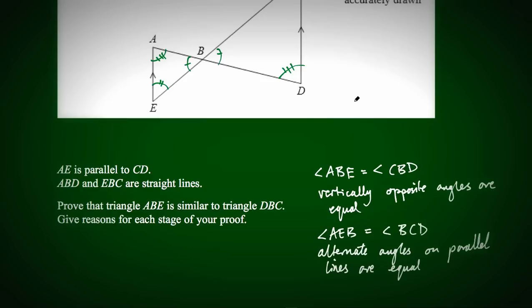And then we've got the third angle to consider, EAB. Angle EAB equals the angle here, BDC. And it's the same reason, alternate angles on parallel lines are equal.